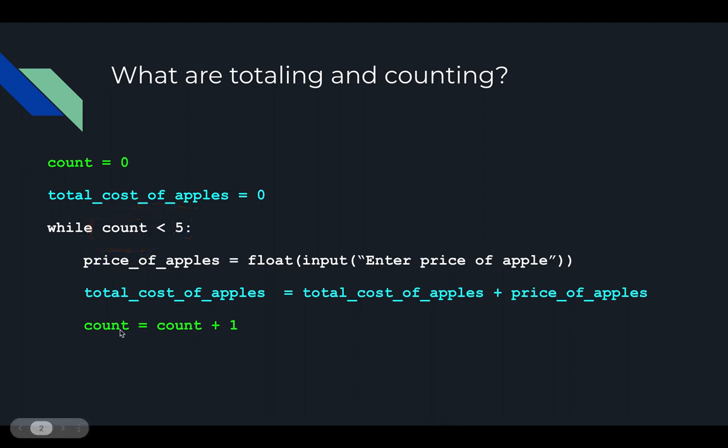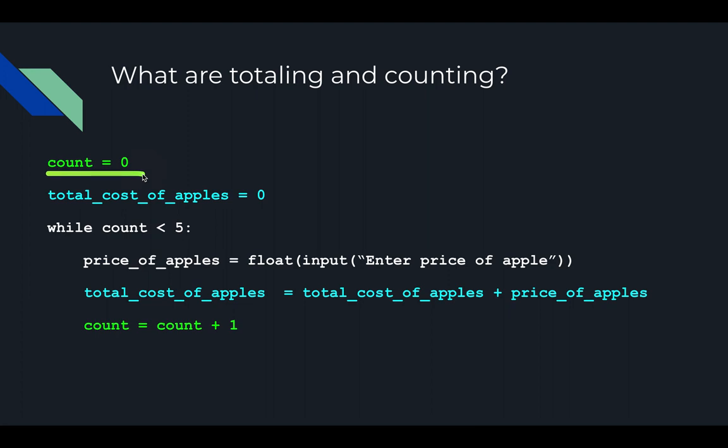So this idea right here of being able to add a value inside a loop to a variable that exists outside the loop is counting. And it's also kind of totaling, right? Whenever we run this code, each of the 5 times, these variables are going to get recreated each time.